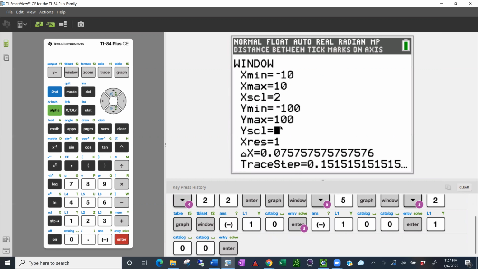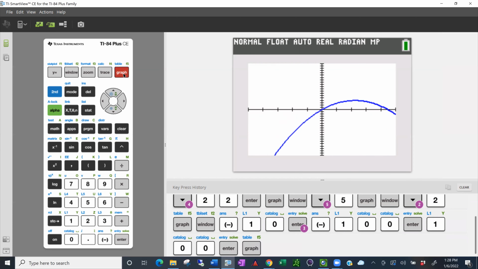Now, I probably don't want to leave y scale as 5 because there's going to be an awful lot of tick marks then. Well, let's just take a look at it and then I'll go back and adjust it. All right, not a real good graph.